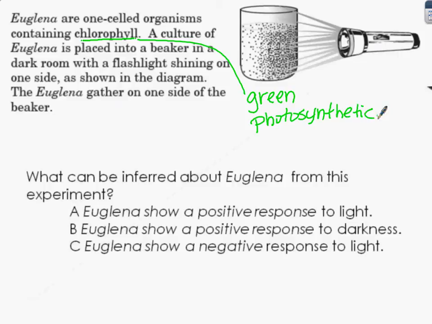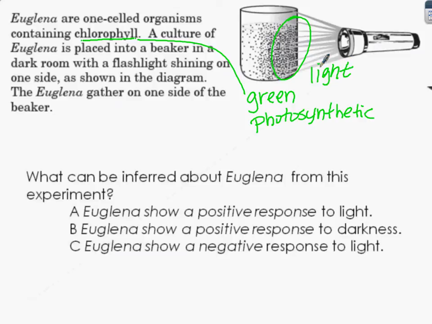A culture of euglena is placed into a beaker in a dark room with a flashlight shining on one side, as shown in the diagram. It's right here. The euglena gather on one side of the beaker. What can be inferred about euglena from this experiment? Well, if we look at the beaker, they're collecting on the side with the light.